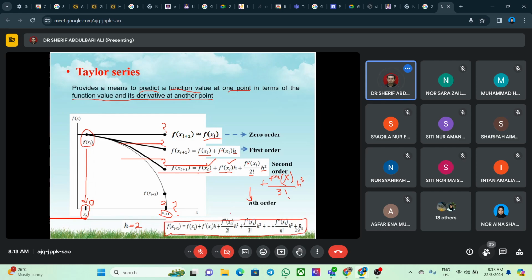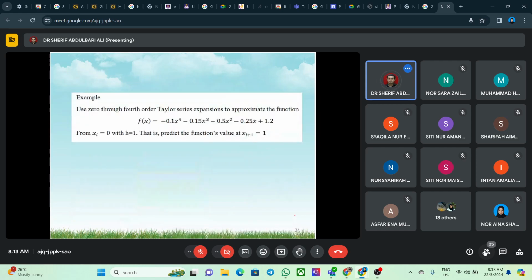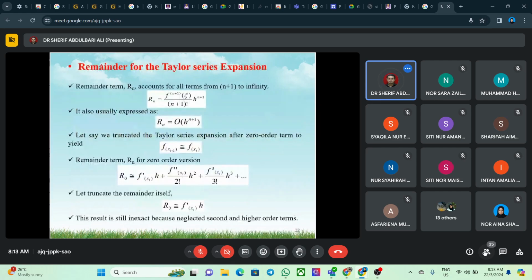Okay. But here there is a term, we call it Rn. I'm going to explain what the Rn means right now. Rn is the remainder of the Taylor series expansion. The remainder term Rn accounts for all terms from n plus 1 to infinity and can be designated with this mathematical model here.